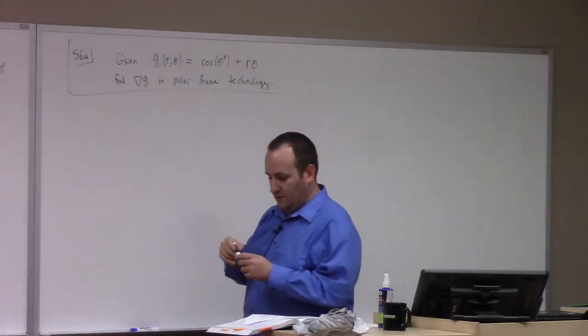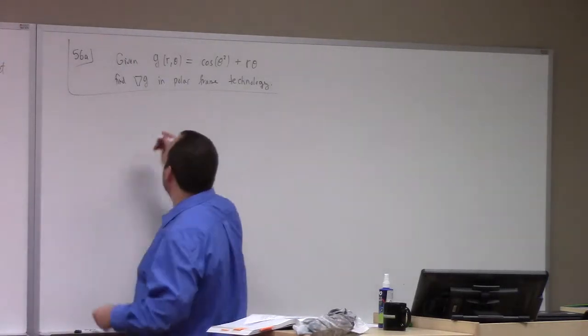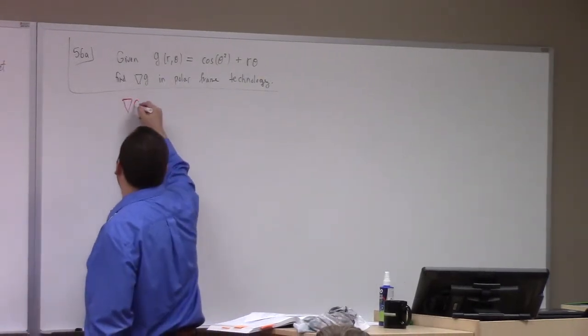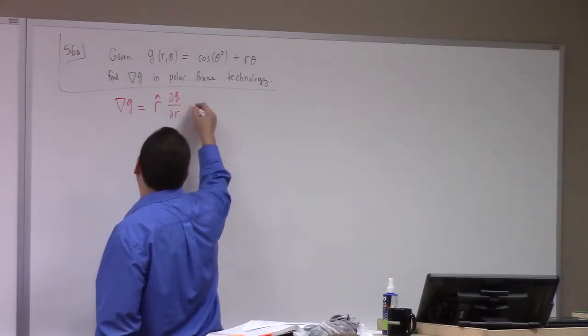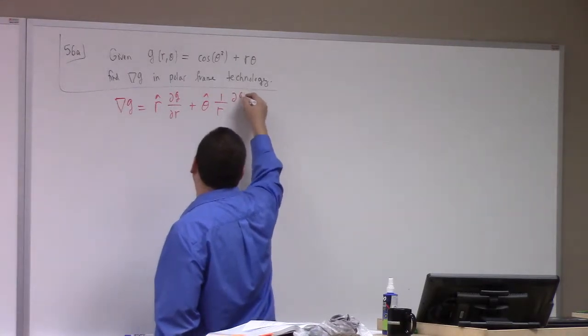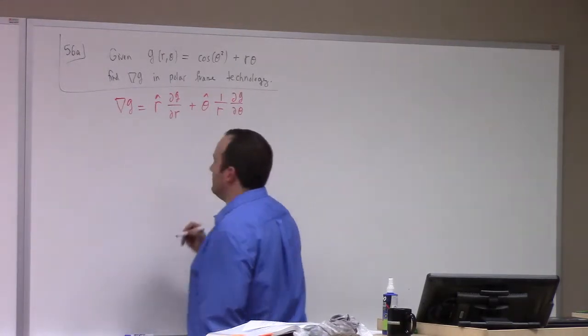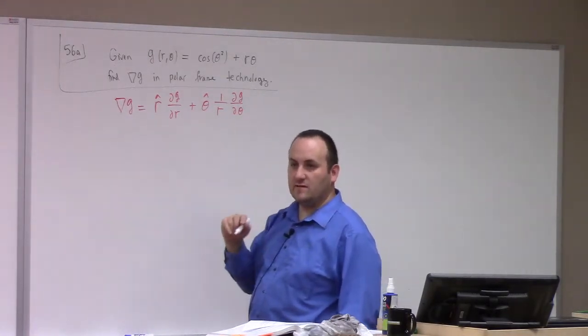So we took a lecture and we derived a certain beast. The beast we derived was this: the gradient of g is equal to r hat partial g partial r plus theta hat 1 over r partial g partial theta. So you just plug the formula into that and see where it takes you.